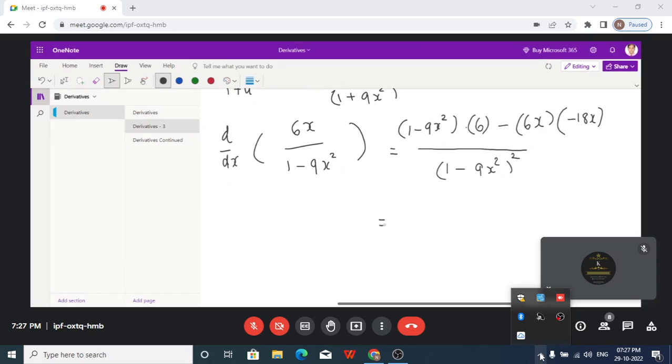So let's simplify this: 6 minus 54x square plus 108x square.